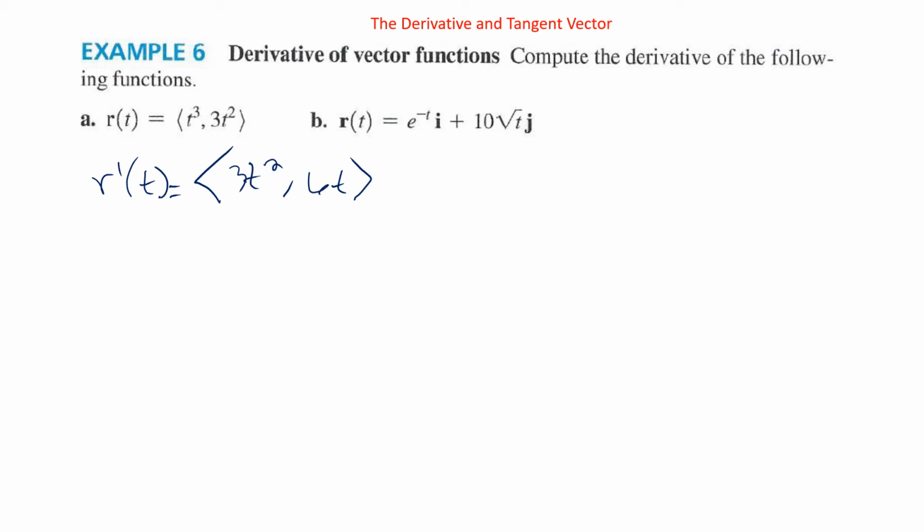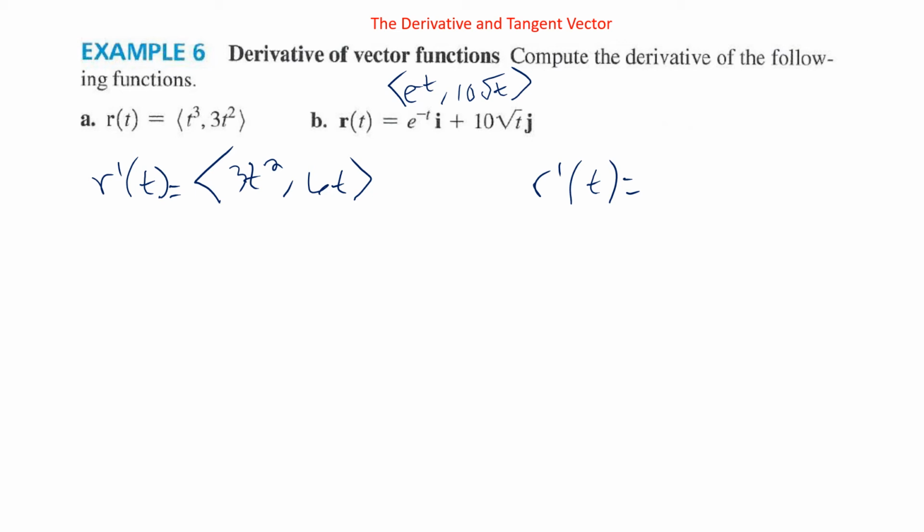For b, r prime of t will equal, and we could think of this as e to the negative t, comma, 10 root t. It's the same thing. Generally speaking, if it's given in the unit vector ij notation, I'd put the answer in that notation, probably because the problem will be easier at some point being in that notation, but also just to get used to it.